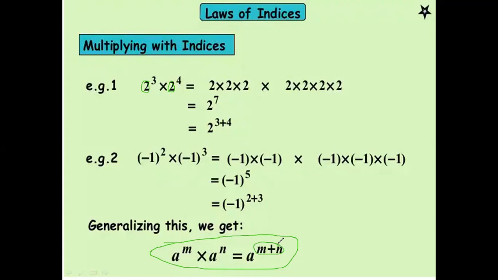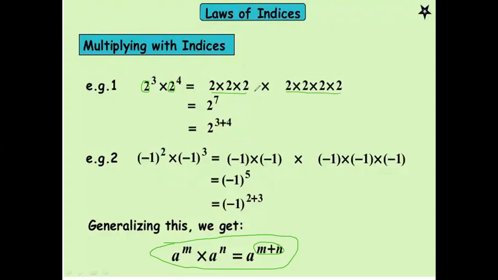Okay, again, if they have the same base, keep the base and add the indices, add the index or the power. As shown in here, you have 2 to the power of 3 times 2 to the power of 4. 2 to the power of 3 is the same as 2 times 2 times 2, and 2 to the power of 4 is the same as 2 times 2 times 2 times 2.